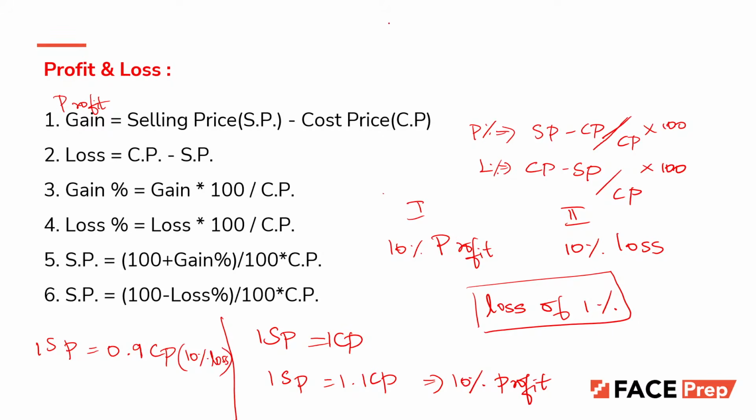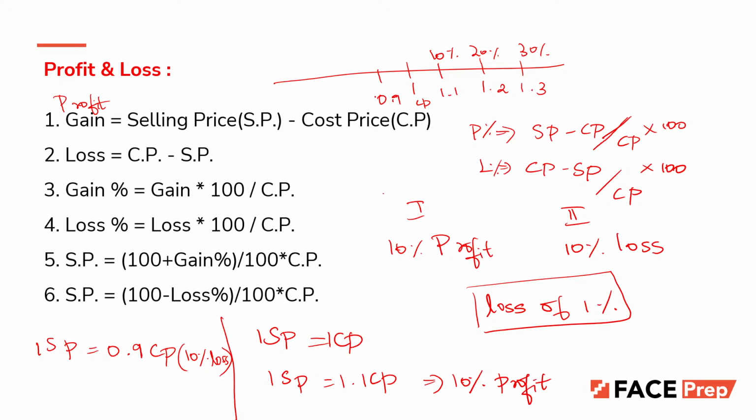If it is in the part of the number line, let's take 1 as the cost price. So here, if 1.1, 1.2, 1.3 is given and so on, that is 10 percentage profit, 20 percentage profit and 30 percentage profit.